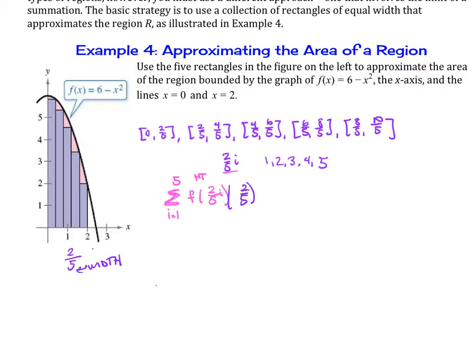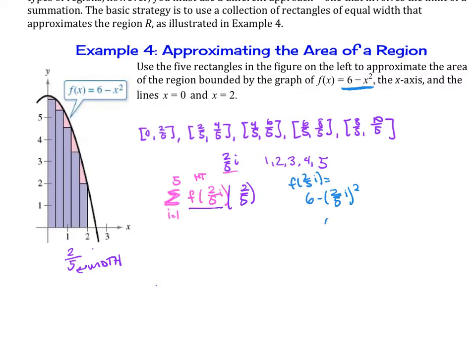And so this f of 2/5 i, we're going to plug it in to our equation here to find the heights of each of those rectangles. So let's go ahead and plug that in. It's 6 minus 2/5 i squared. That's f of 2/5 i.